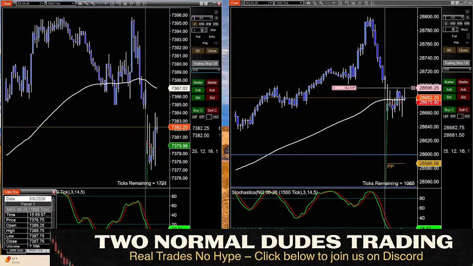You have to learn two things: measured moves and price action, so you'll be able to see when price action is changing hands, and then you stop going for the longs.